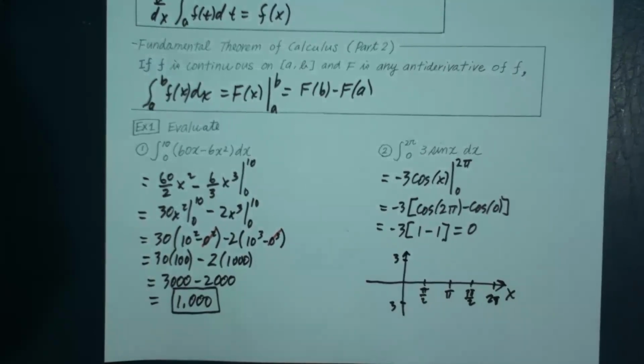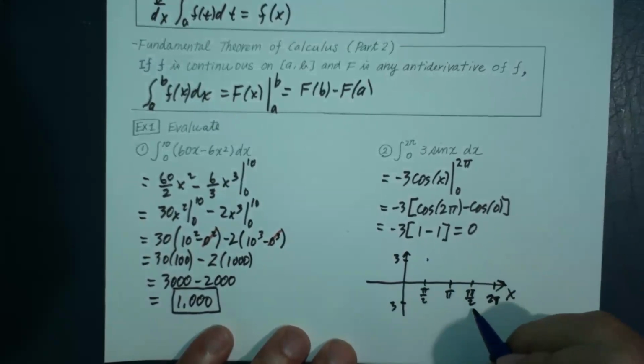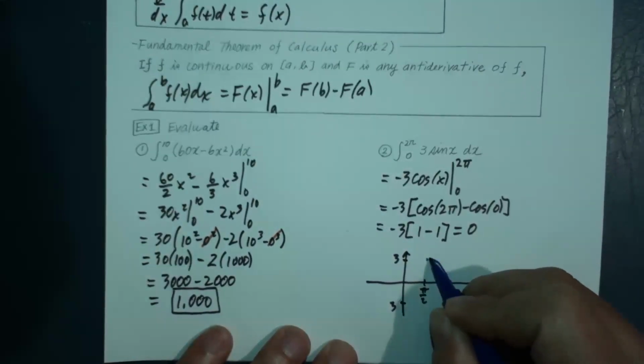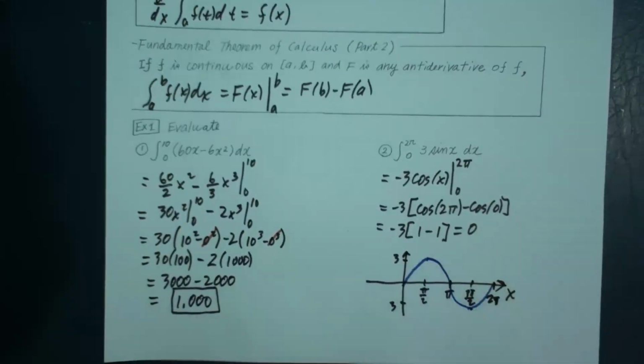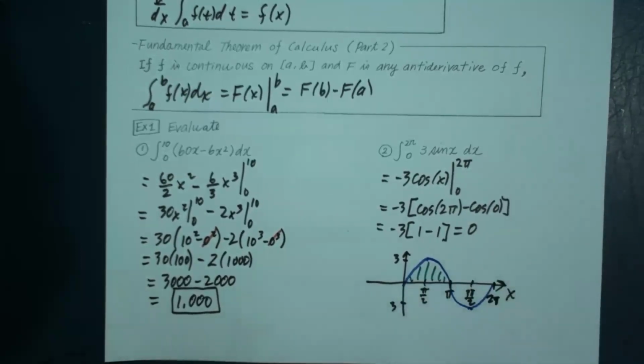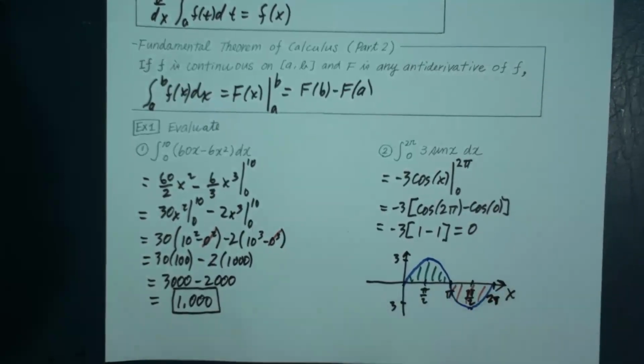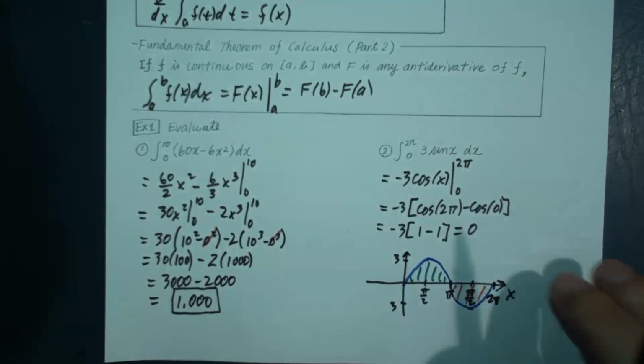And we look at the graph, we can see that the positive area is exactly the same as the negative area. So the fact that we're getting 0 makes sense. All right, moving on.